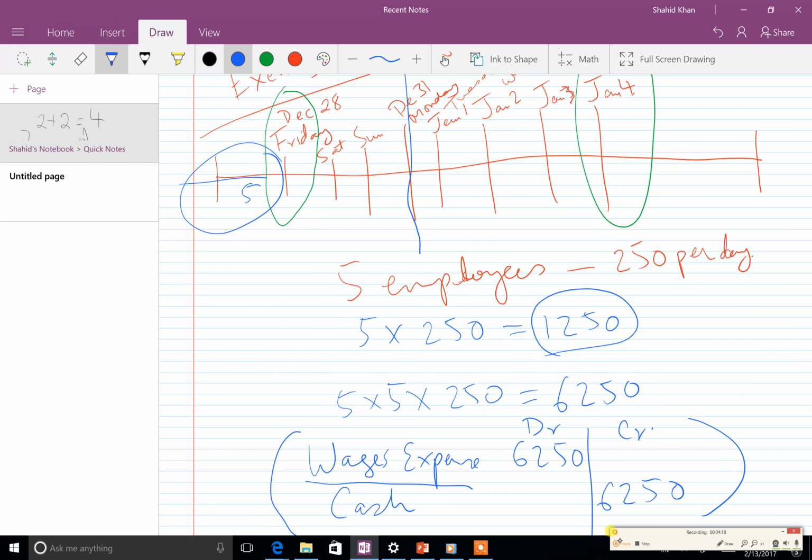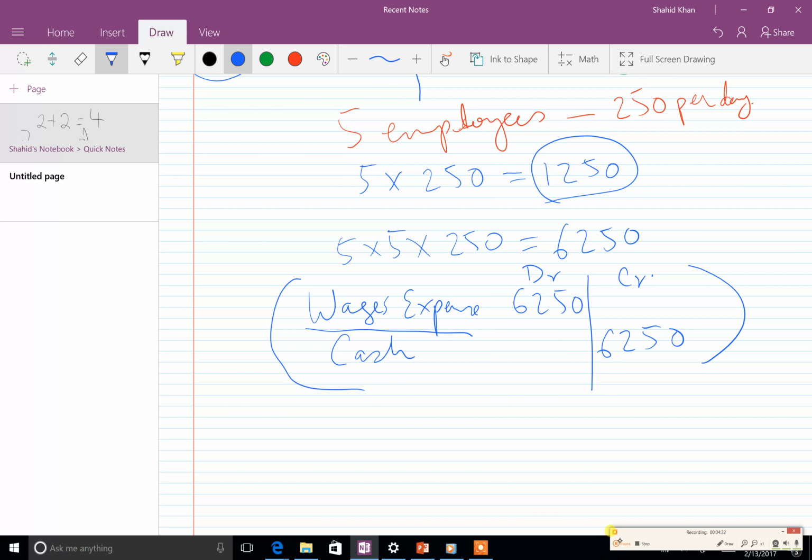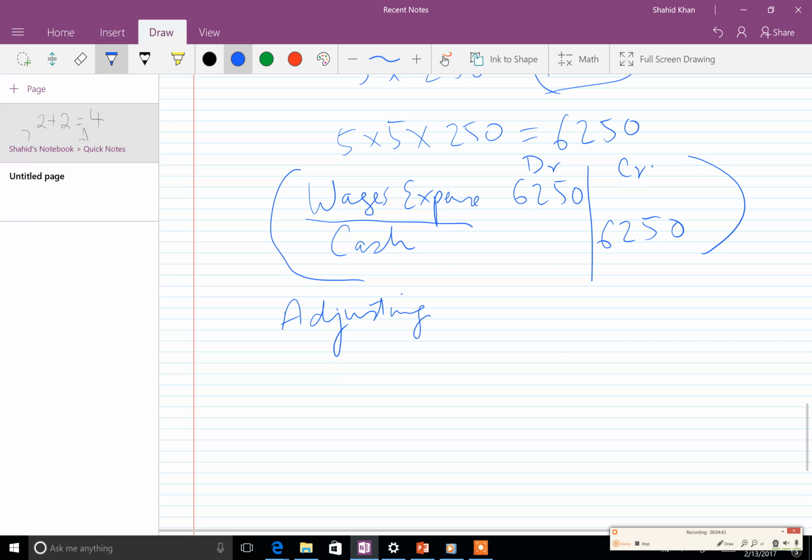Now we have this one single day left, which is a wages expense that we have not included yet in the month of December. So how are we going to fix that? We will do an entry on December 31st, and that's called an adjusting entry. All we are trying to do is make an adjustment so that all those expenses that were incurred are recognized in their right time period.